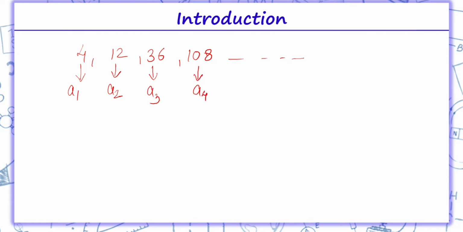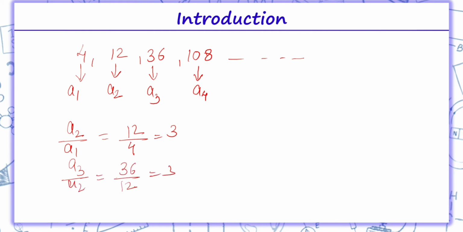So, a sequence of non-zero numbers is geometric progression if the ratio of the term and the term preceding it, like if I write over here A2 by A1, I will get 12 by 4 which is 3. Again A3 by A2 which is 36 by 12, it is again 3. So, second term divided by first term is always coming to be same.